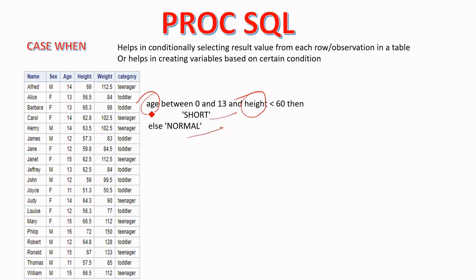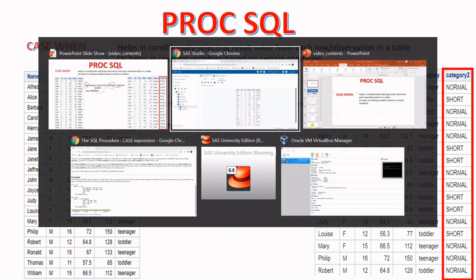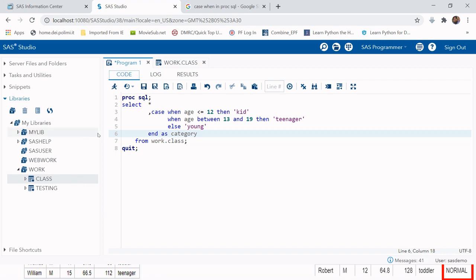If age is between 0 to 13 and height is less than 60, then we want to say that child is short, otherwise that child is in the normal case. So we want to have a resulting table which should look something like this, which has the category 2 variable which contains the result of this condition. Let's go back to the SAS and try doing this.